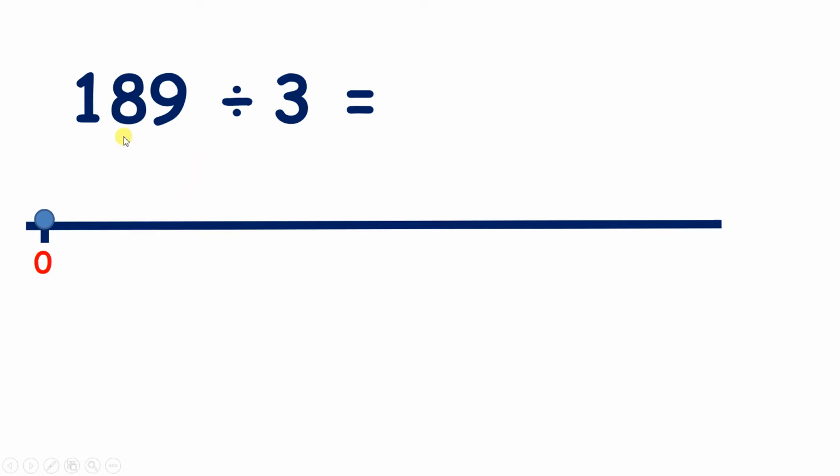Now we have 189 divided by 3. So rather than count in steps of 3 all the way up to 189, what can we do? We can count in steps of 10 times 3, or in steps of 30.